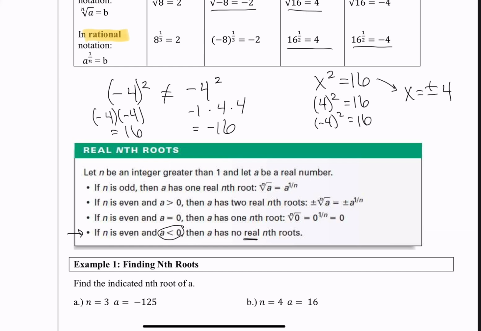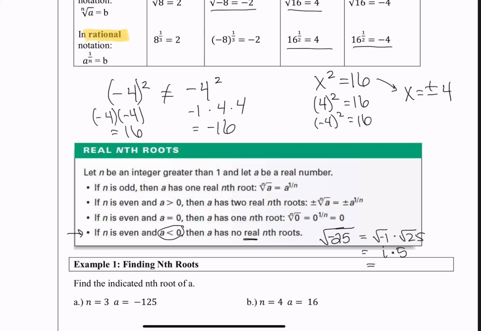No real nth roots. It does have complex roots. For example, if I'm taking the square root of negative 25, well, remember, you have to use that imaginary unit, right? So this is really the square root of negative 1 times the square root of 25. And the square root of negative 1 is i. The square root of 25 is 5.